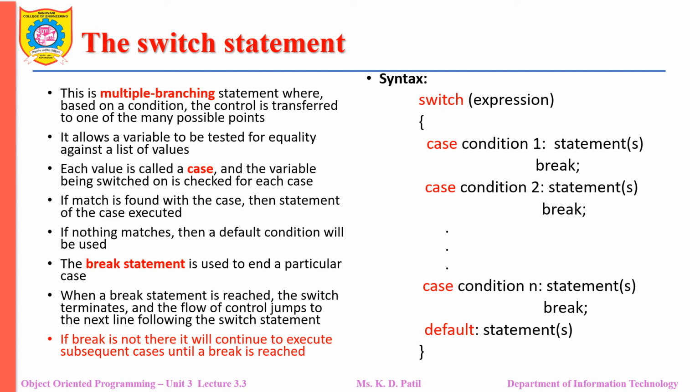If the break is not there, then it will continue to execute the subsequent cases until a break is reached. For example, if I forgot to write a break statement here, then condition 2, condition 3, condition 4, condition n, all these statements will be executed continuously, unless and until it gets a break statement.